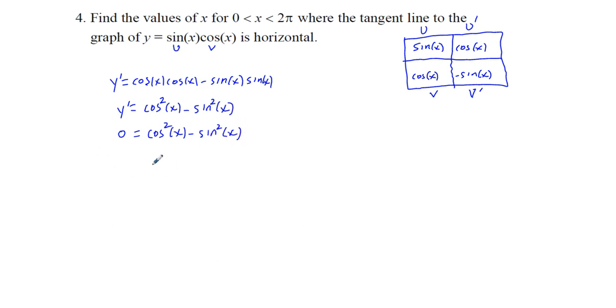And so to solve for x, if we add sine squared x to both sides, we're going to see that sine squared x equals cosine squared x. Okay, and really, I know what the answer is here, between 0 and 2 pi.